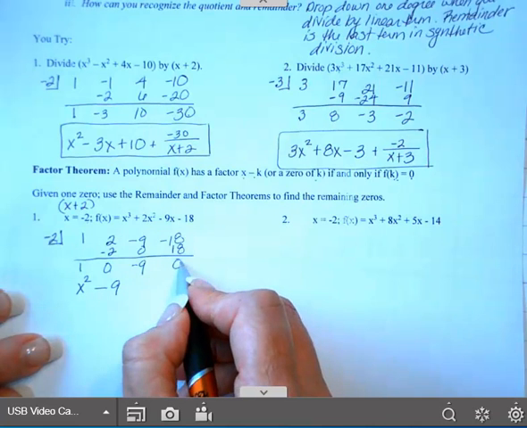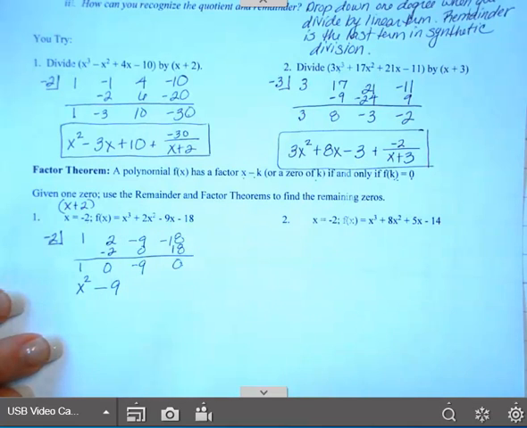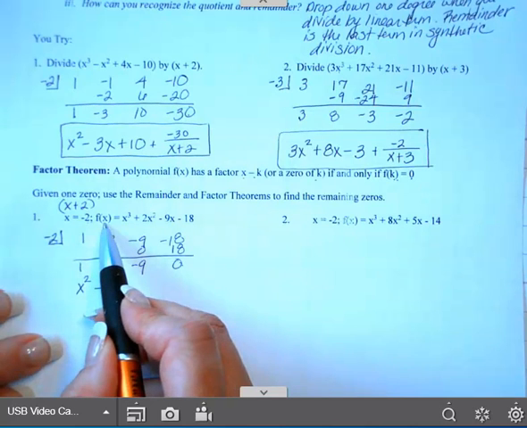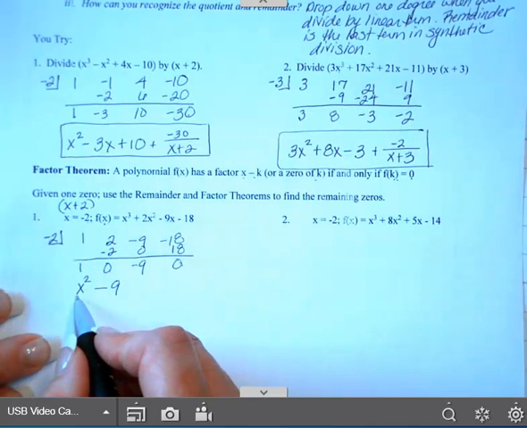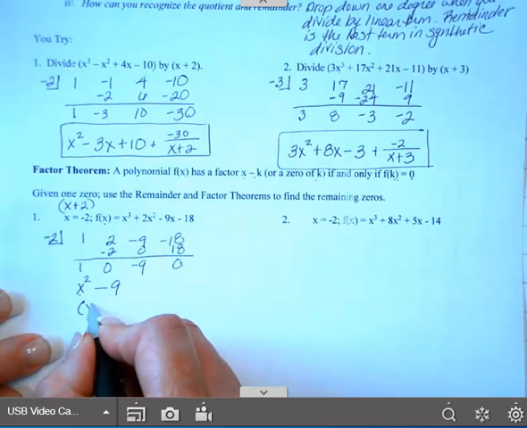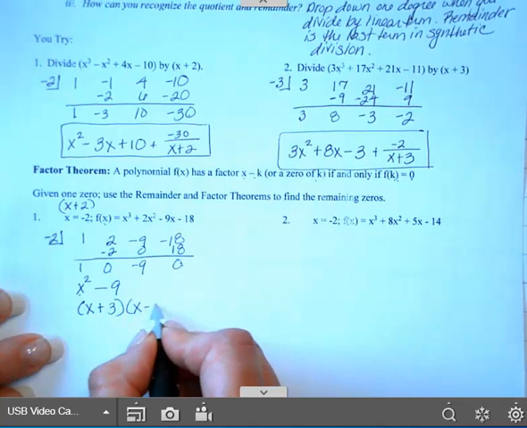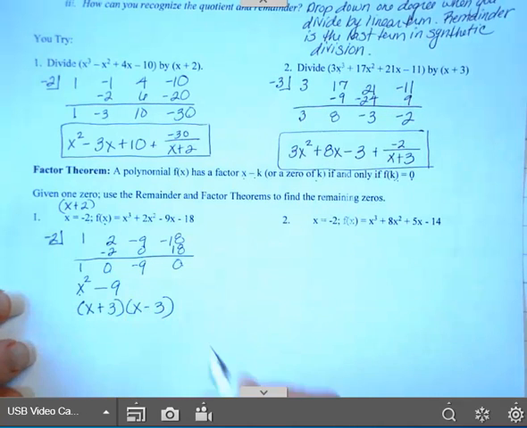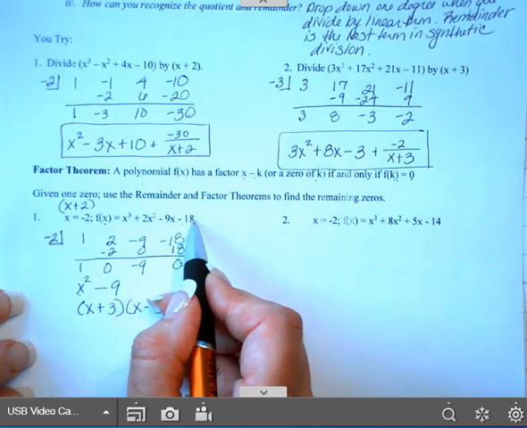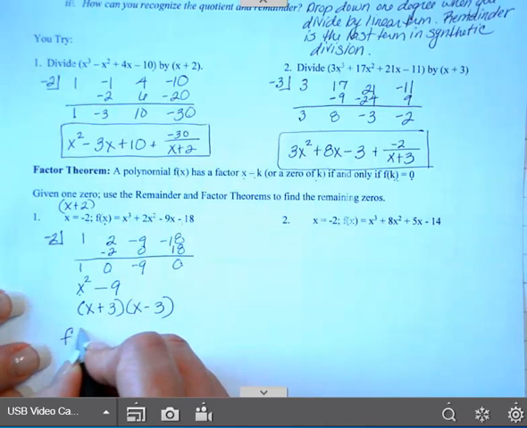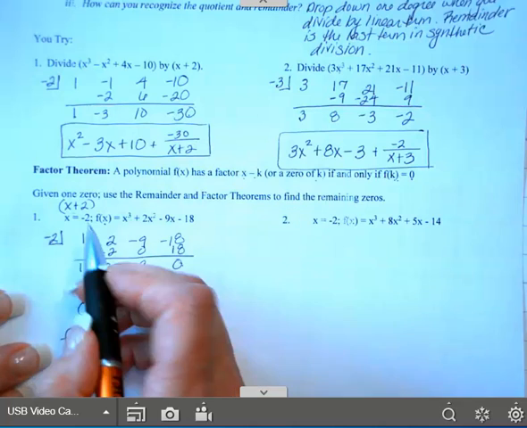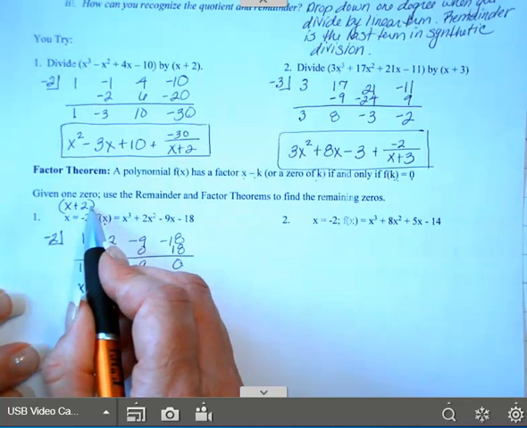My remainder was 0. And if I wanted to factor this, I could continue factoring this. So this would factor, that's the difference of 2 squares, into x plus 3 and x minus 3. So f of x, this polynomial up here, has 3 factors. The first factor was x plus 2.